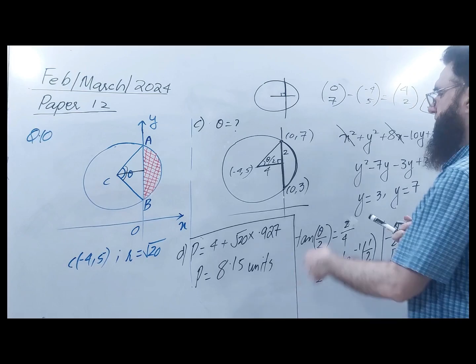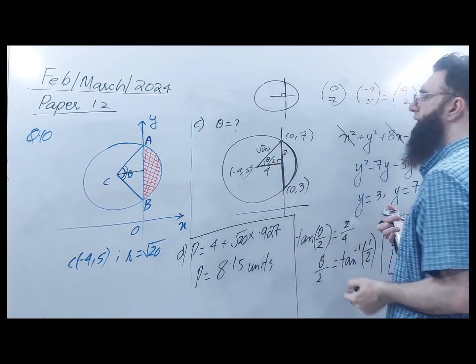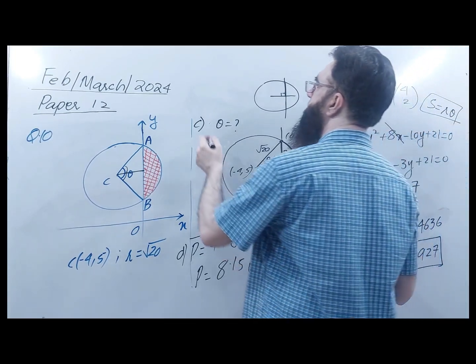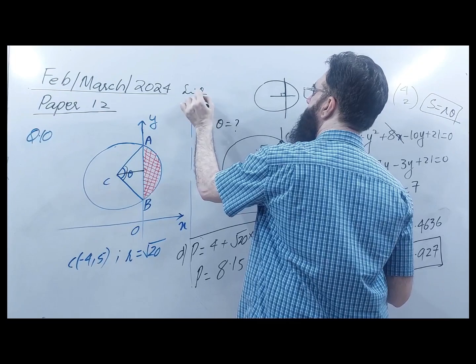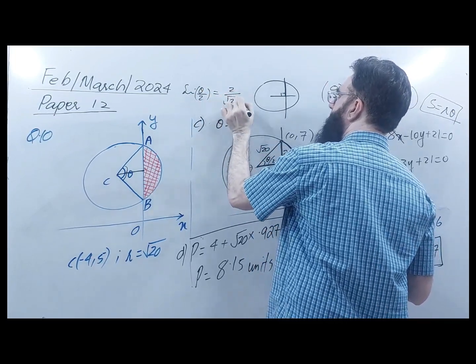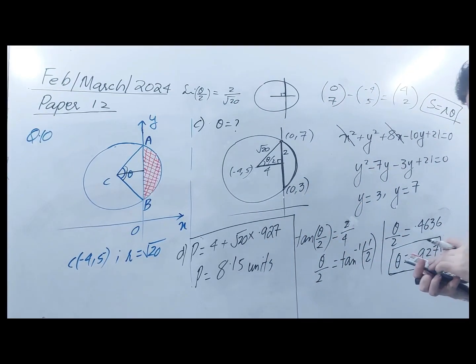Some kids argue, can we use the radius also? Can we apply sine theta by 2? Yes, we can apply sine theta by 2. Sine theta by 2 is equal to perpendicular upon hypotenuse. And from here, if you find theta by 2, you get the same answer.